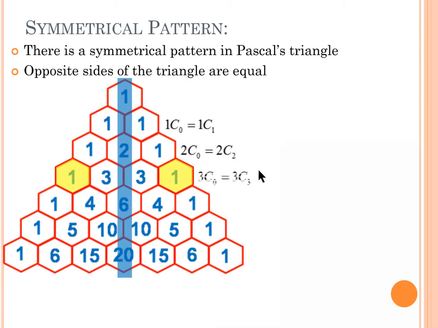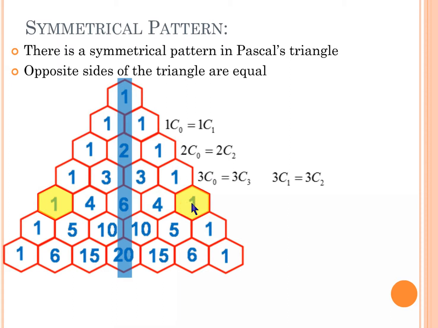And over here I have 3 choose 0 equals 3 choose 3. These two numbers are also equal, so this is going to be 3 choose 1 and this will be 3 choose 2, so these two expressions are also equal.